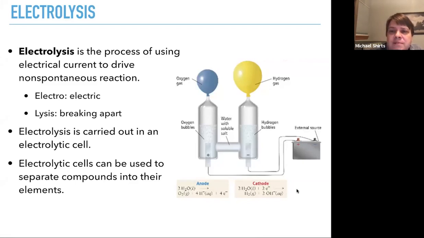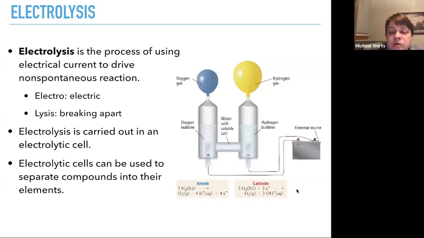In this case, we have electrolysis of water. You're applying an external current, and you need to have a little bit of salt in there because otherwise you don't get conduction of the electricity. At the anode, you get water being oxidized and you get oxygen produced.